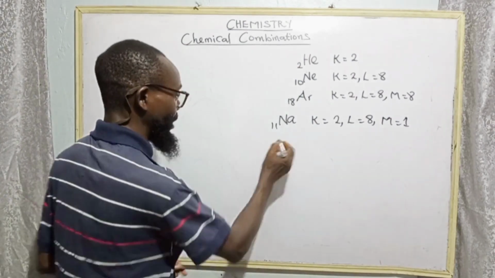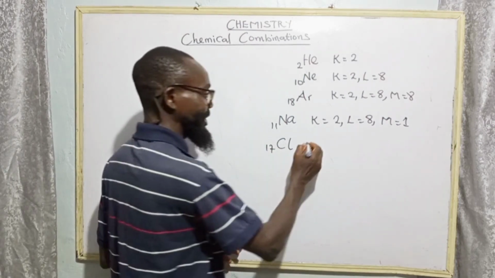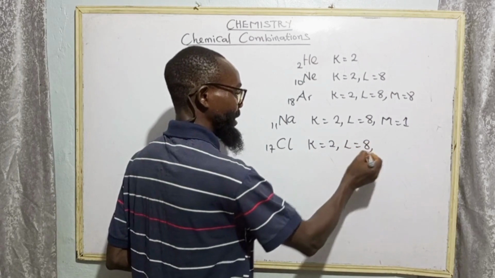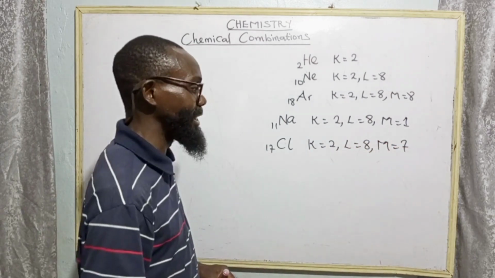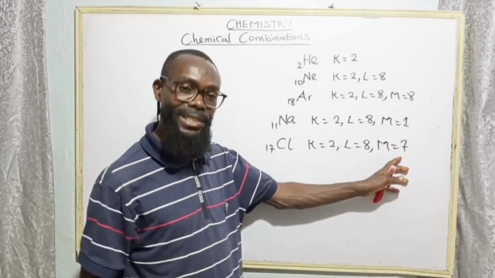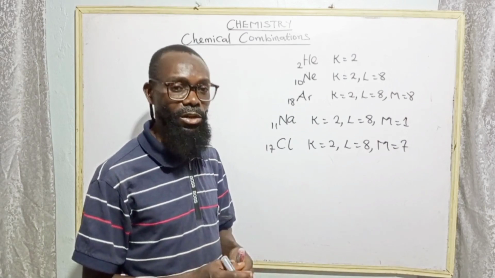Likewise, let's consider chlorine. Atomic number of 17. The K shell of chlorine contains 2, L shell contains 8, and M shell will contain 7. Chlorine needs 1 to make up 8, so it's still unstable.